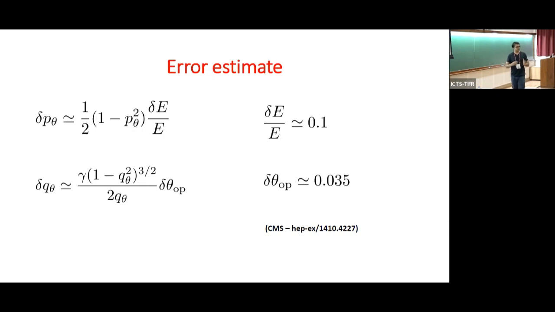There's no published error resolution for subjets, but if you use the jet energy resolution, that is about 10%. I'm not claiming that this is what you will get for subjets. I'm saying if you assume this is what you get for subjets, then P theta can be measured to within 0.1, and that is roughly the binning that we used on P theta when doing the fits, because that will be the smearing on P theta.